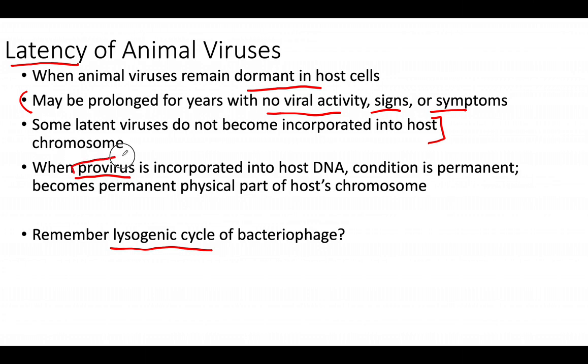We called it a prophage in the lysogenic cycle, but we call it a provirus if the virus can integrate its genetic material into our own. So this is a permanent change to our genetic material because once the DNA integrates, the viral DNA integrates, it is now part of our chromosomes.